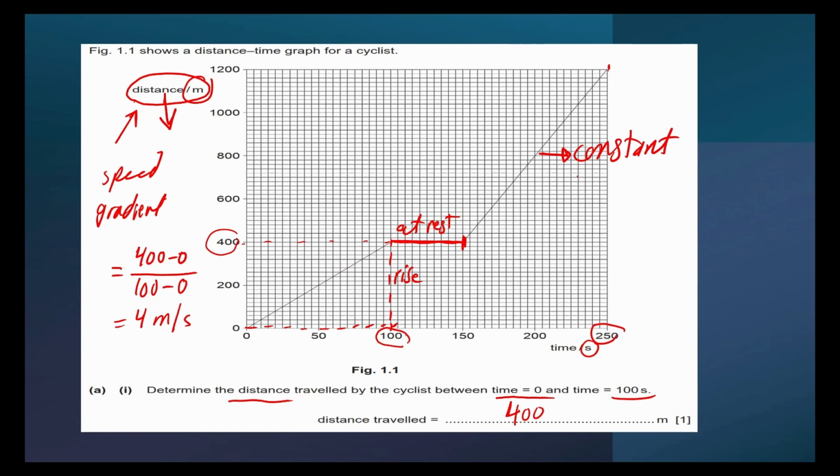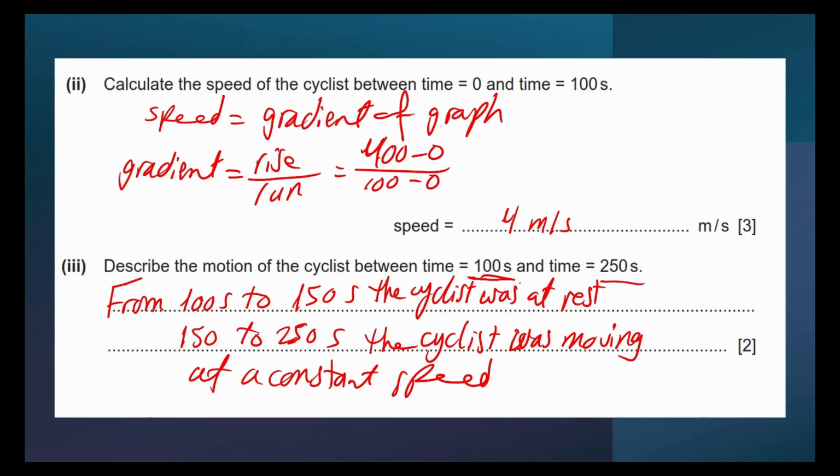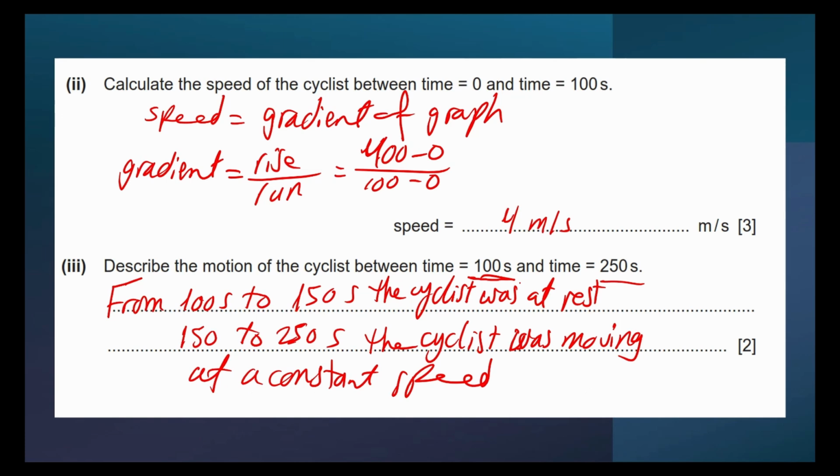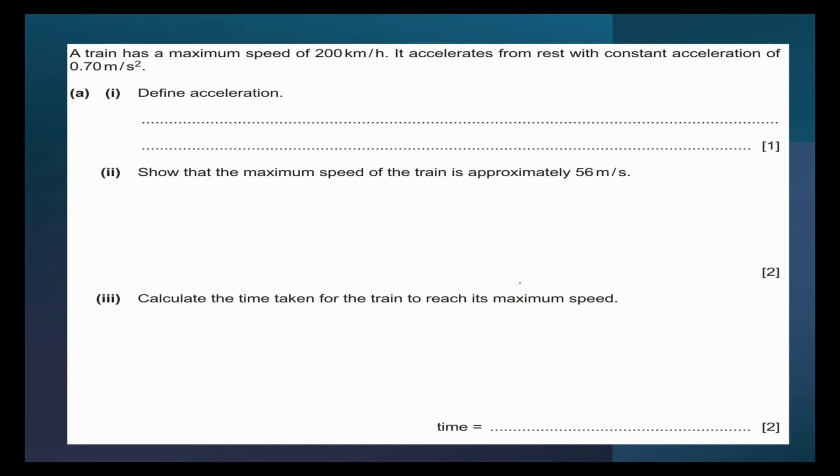So we have here a constant speed. No need to get the value of this speed, because they said only describe the motion. We don't need to mention the value or the magnitude of the speed.